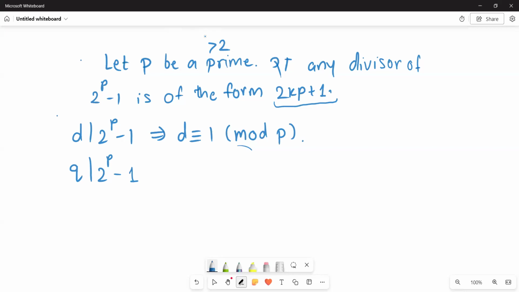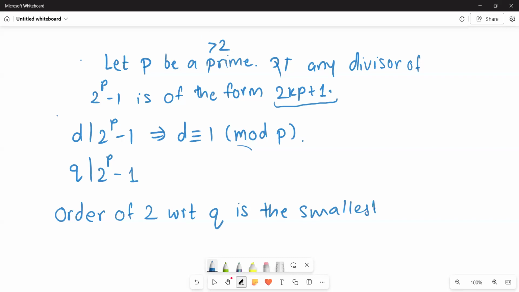The order of an element, let's say the order of 2 with respect to Q, is the smallest number n such that 2 to the power n is congruent to 1 mod Q. This is the definition of order.